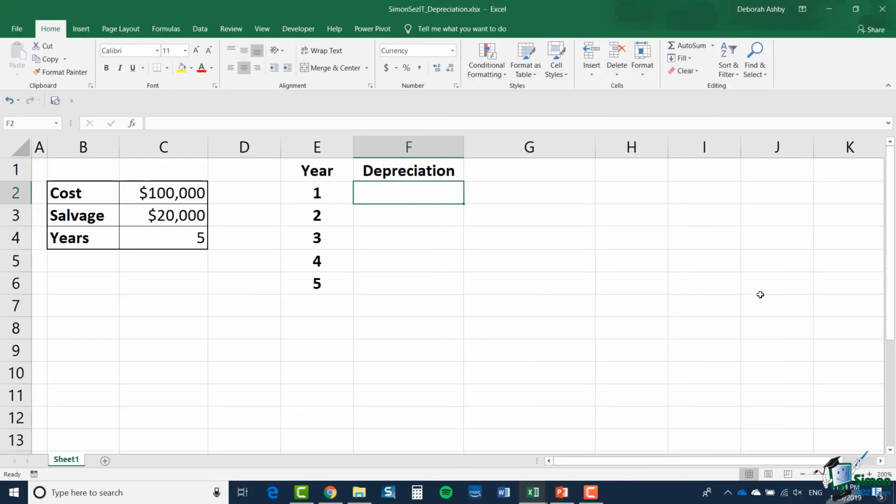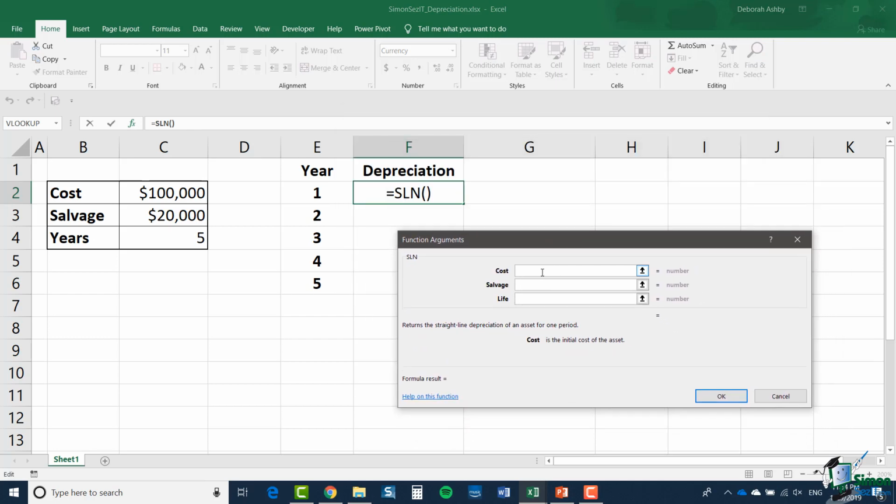So what I'm going to do, first of all, is calculate the depreciation per year for this equipment. And the function I'm going to use is the SLN function. Note there the arguments cost, salvage, and life. Let's use the function arguments dialog.